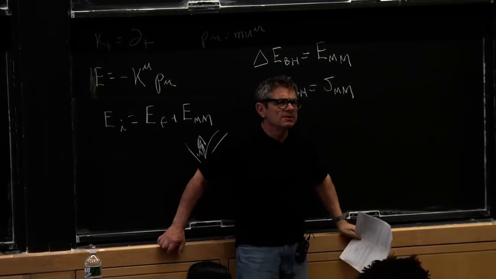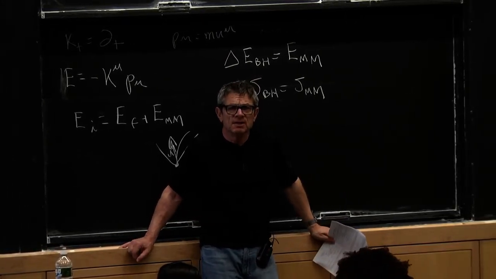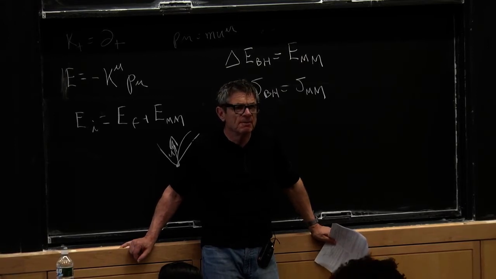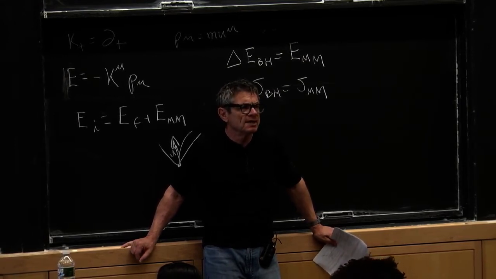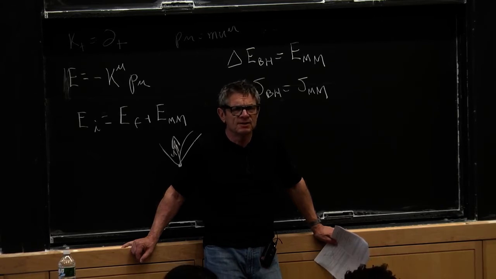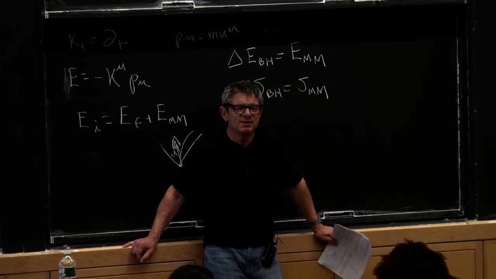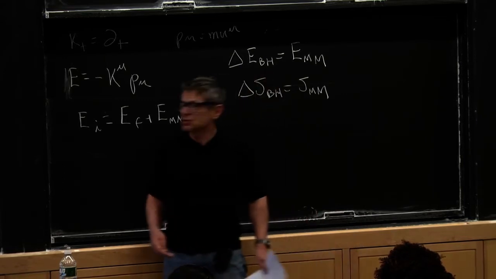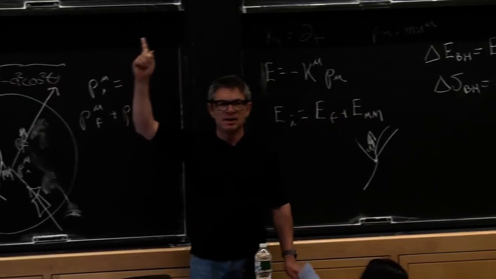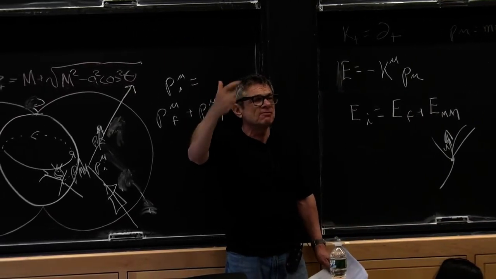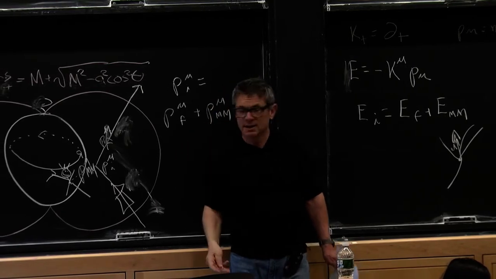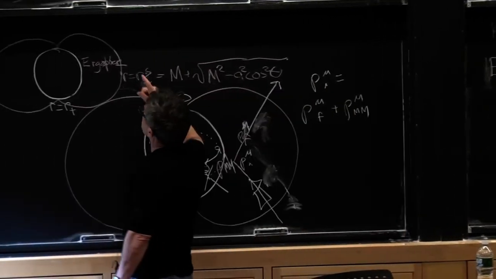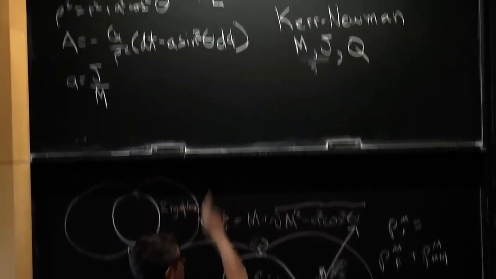So there's this cosmic censorship conjecture by Penrose, which conjectures that in any physical process, one will never produce a naked singularity. Now, if we had a Kerr black hole, and we were able to just remove energy from it, we could remove enough energy so that A was greater than 1.